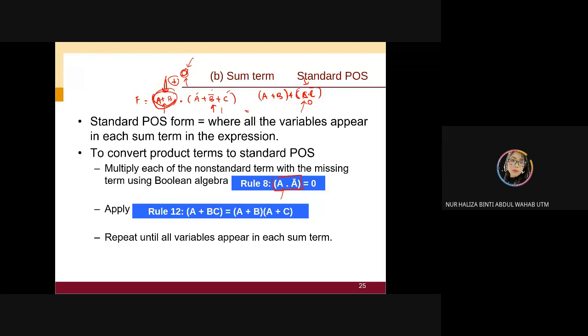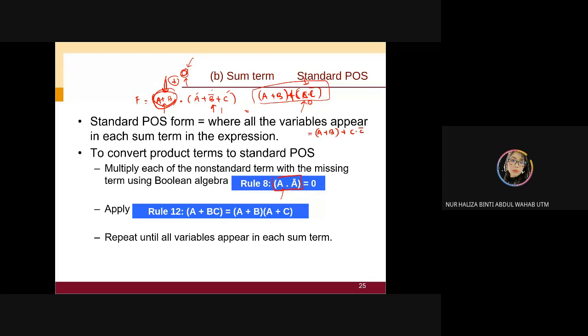That's why I put here adding with 0, which is C dot C bar. So from here, we have A plus B plus C dot C bar.